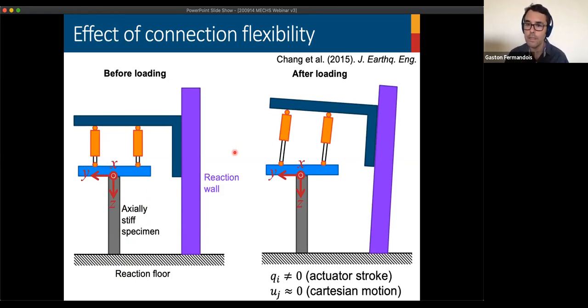So in this problem, we can have a situation where the actuator strokes are different than zero, but if you look at the position of the specimen, it practically doesn't move. So there is no direct relationship between the strokes of the actuators and the Cartesian motion, and that can cause a problem, especially related to what I explained before about these kinematics.